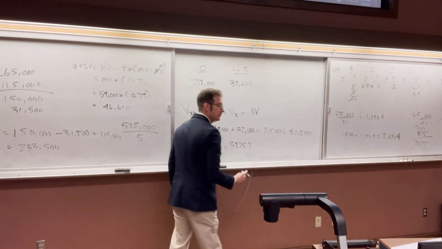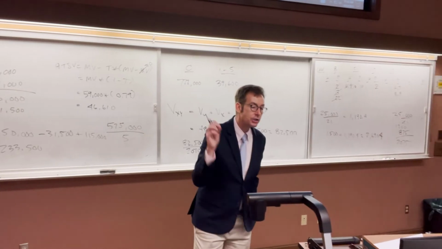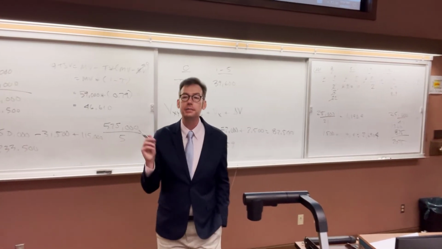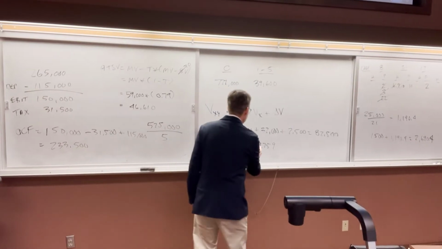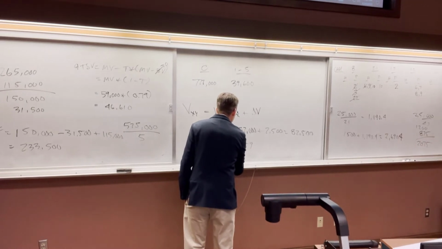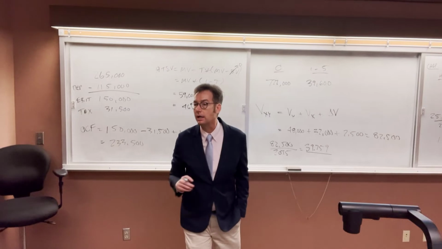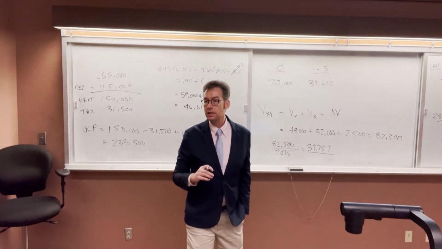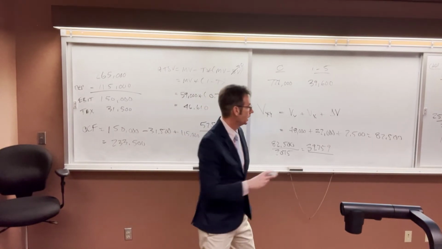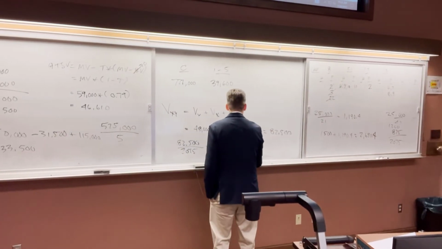39.759. Okay, now the question asks this. What's the actual cost of the acquisition using company stock? We know that the stock they gave up was worth $39.759. How many shares did they give up? 875, right?